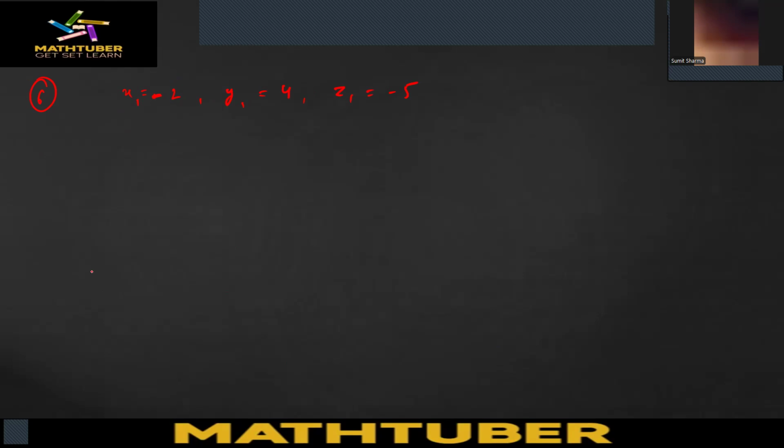It is also given that it is parallel to the given line, which is in the Cartesian form: (x plus 3) upon 3 is equal to (y minus 4) upon 5 is equal to (z plus 8) upon 6.